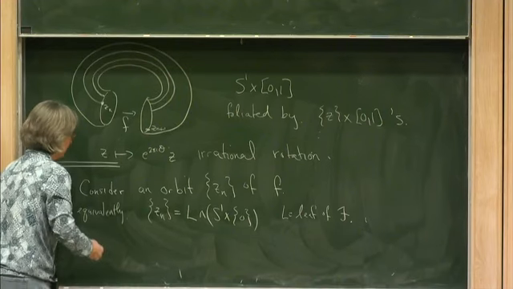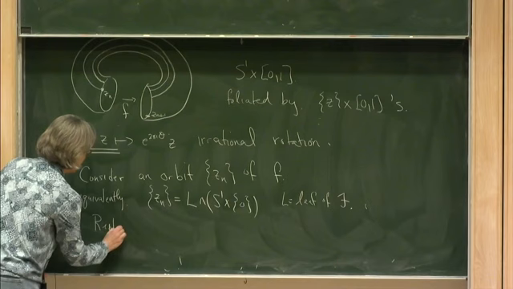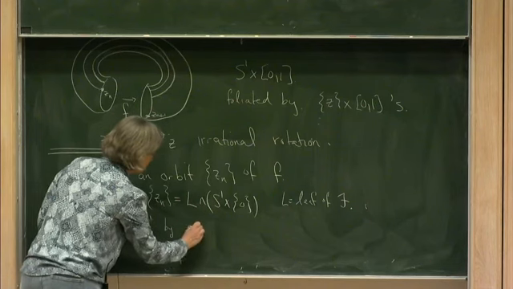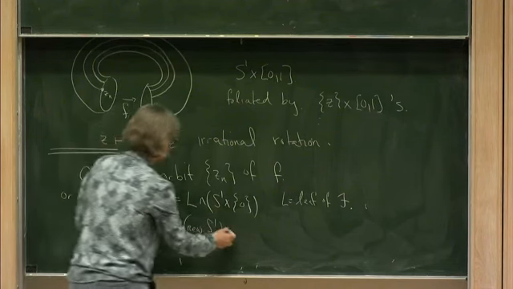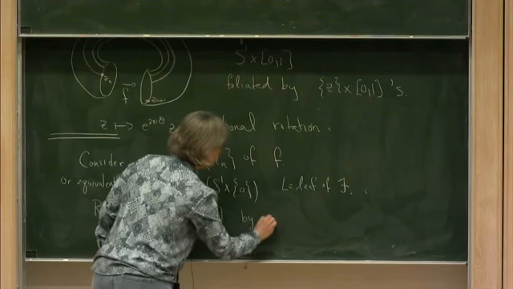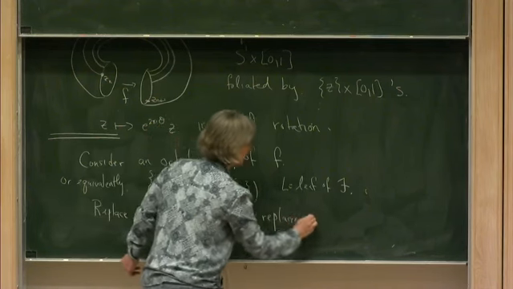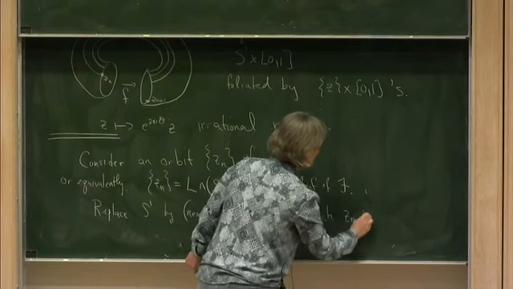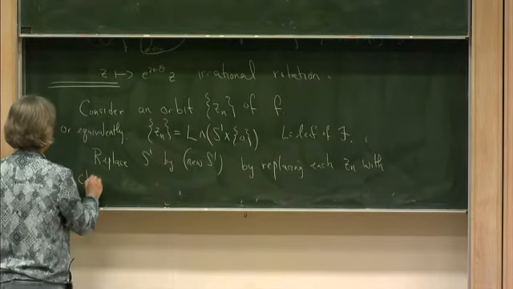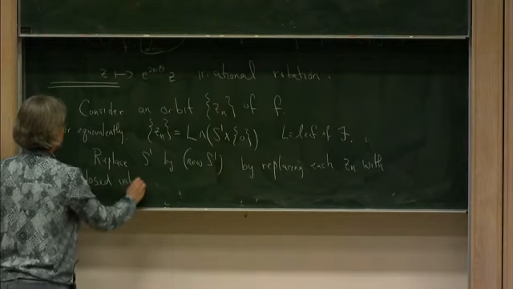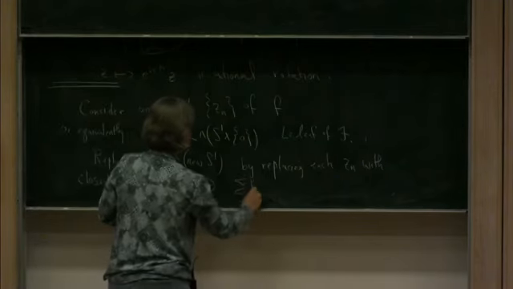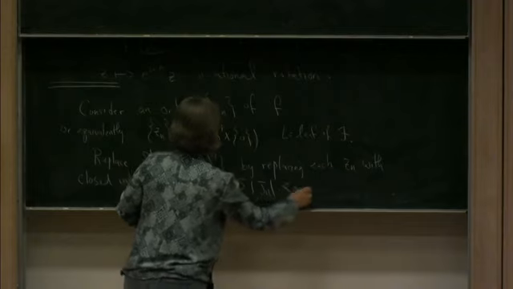So we're going to replace S1 by a new S1, which is a blow up of the old one, by replacing each z_n with a little closed interval J_n, so that the total length of the J_n is finite.